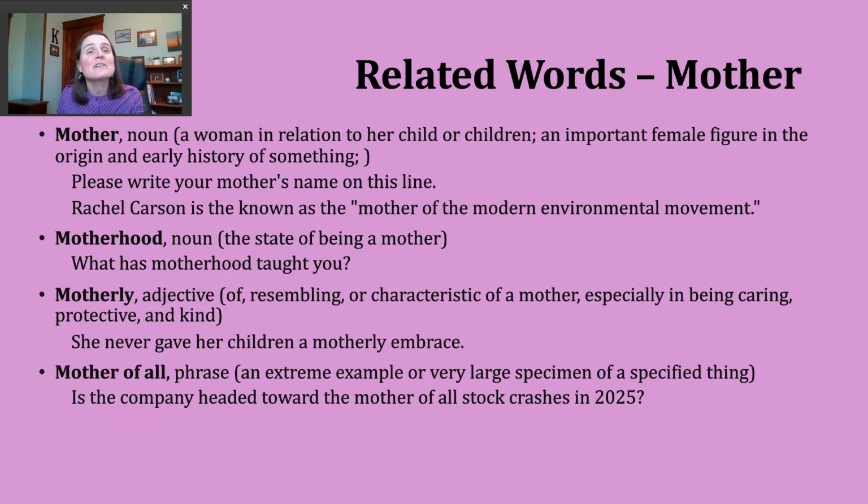If you hear this used in a sentence, generally what someone is trying to explain or describe is an extreme example or maybe a very large quantity or specimen of some specified thing. So, an example of this is the company headed toward the mother of all stock crashes in 2025.